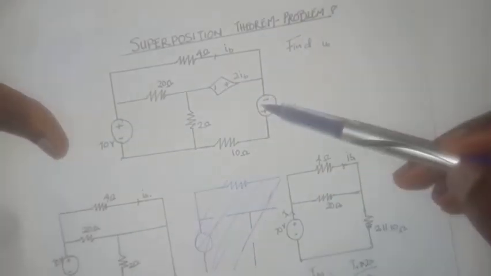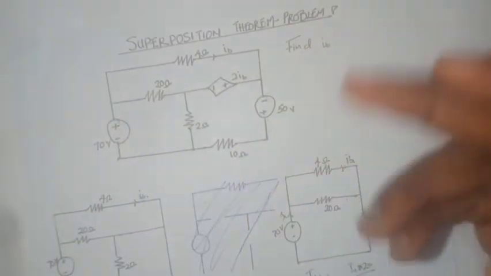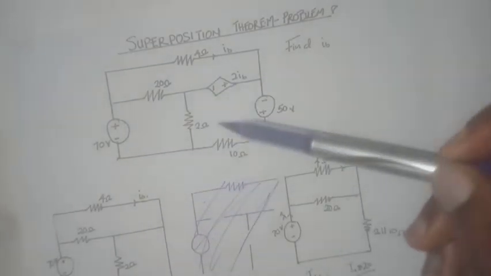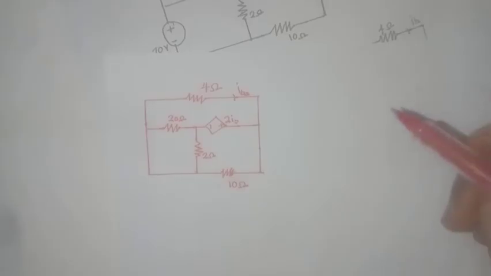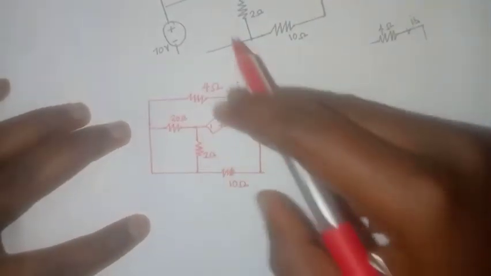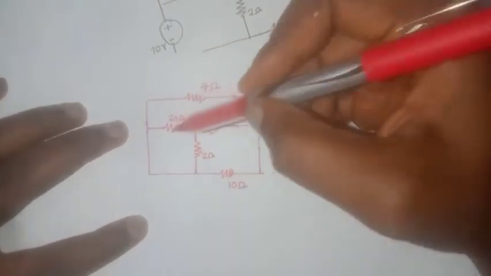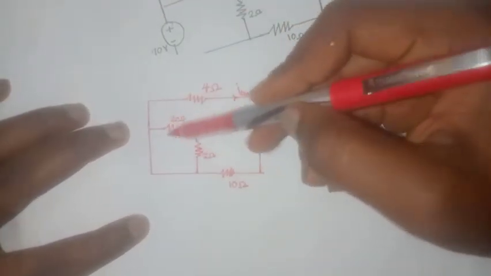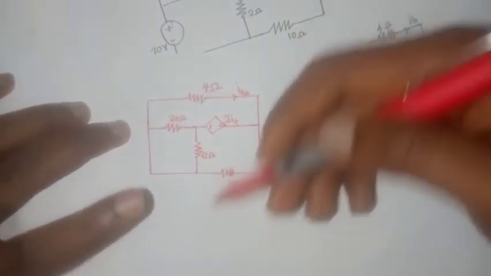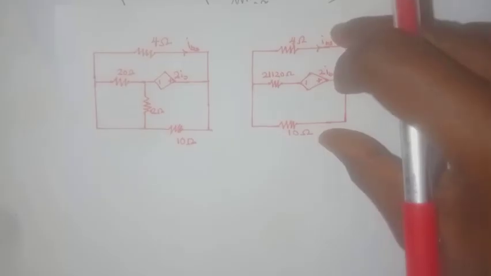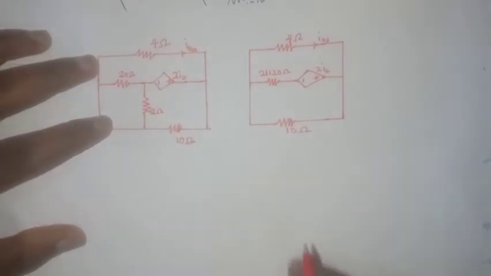The next step would be to turn off these two voltage sources and leave this one on, so that we can know the value of current due to that power source. Now for the third power source, we have a circuit that looks like this, and if you look closely, you see that these two are in parallel with one another, so we can combine them into a simpler circuit that looks like this one over here.